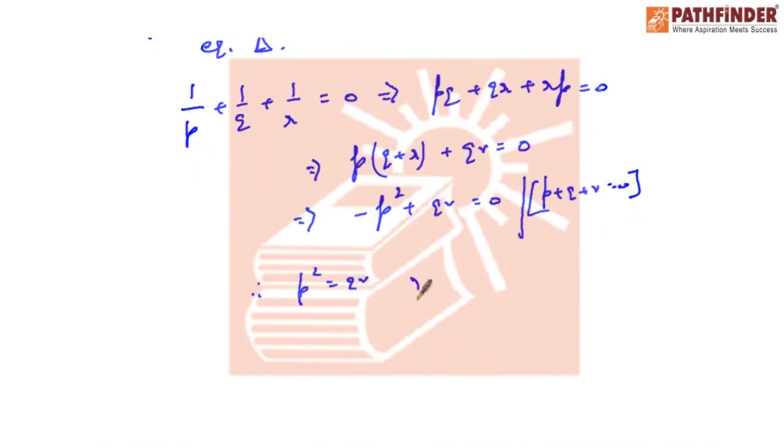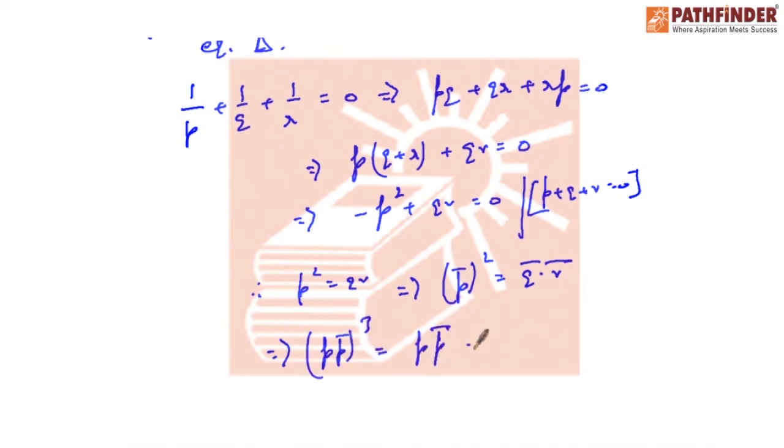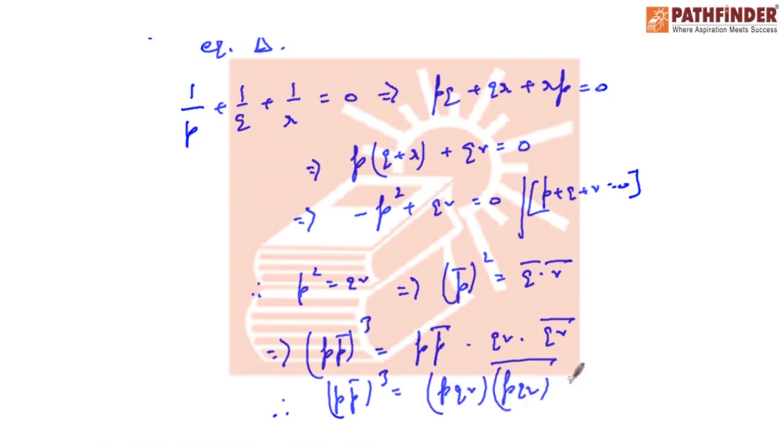Now, P square equal to QR implies that we can also write P bar whole square equal to Q bar times R bar, taking conjugate on both sides. That means P bar whole cube is equal to P bar multiplied by Q bar R bar, and therefore we can write P bar whole cube equal to PQR multiplied by PQR whole bar.